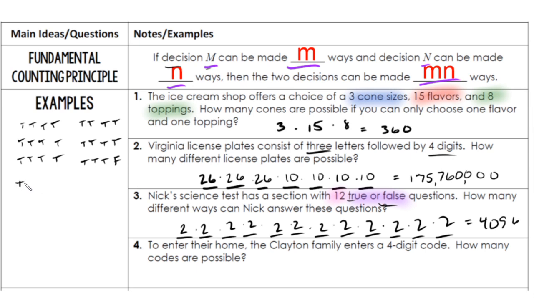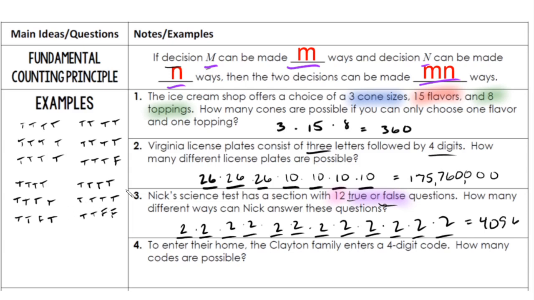Person number 3 could put true for the first 10, then false, then true. The next person could put true for the first 10 and then false, false. Starting to see how we could possibly get 4,096 of these, right? Because we could keep going all the way up, changing them as we go.